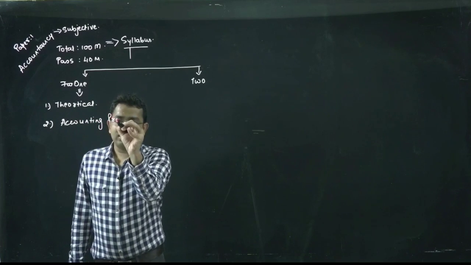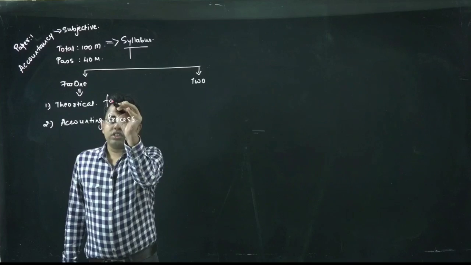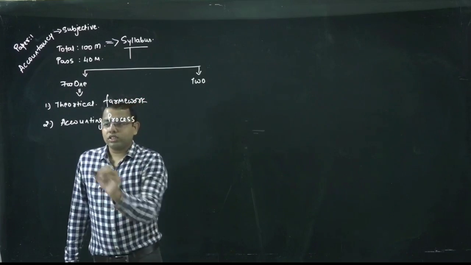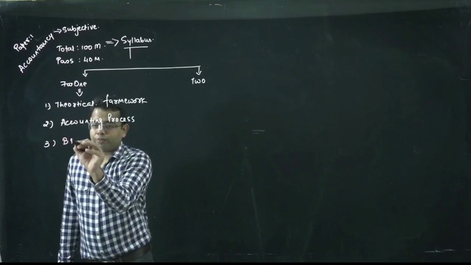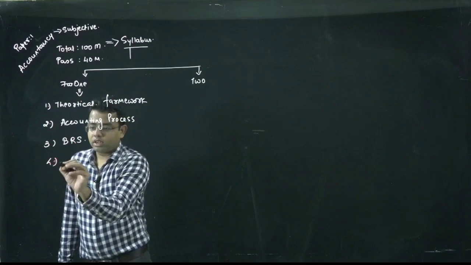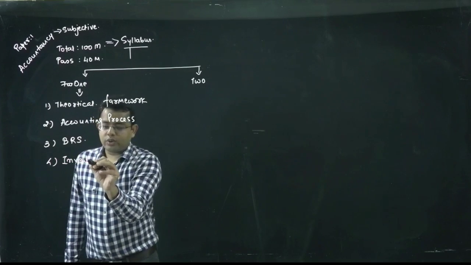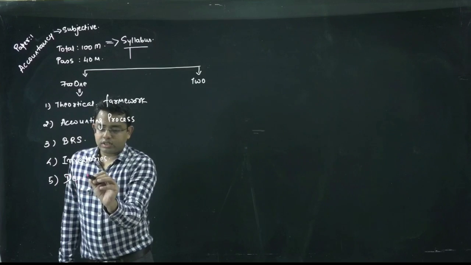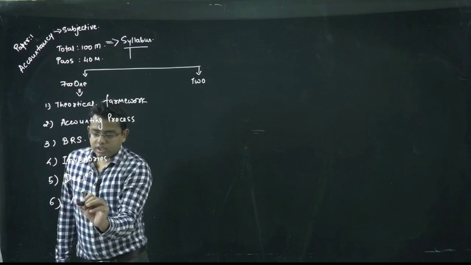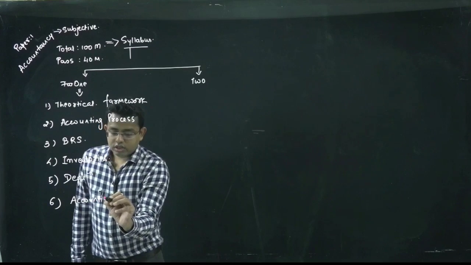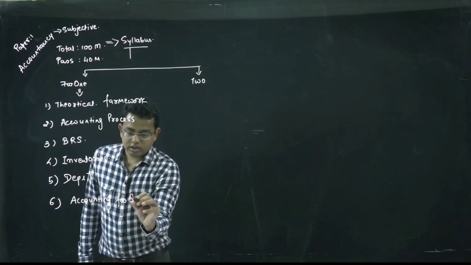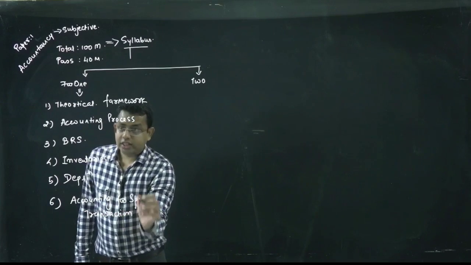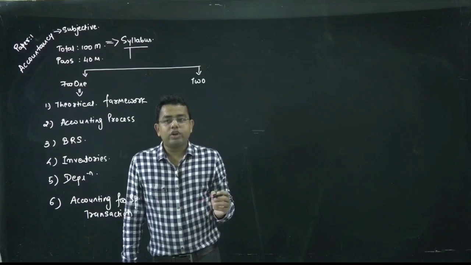This is your 11th standard. Then you have bank reconciliation statement, inventories, depreciation, and accounting for special transactions. This will be something new for you people. I think this whole part you would have studied in your 11th standard.